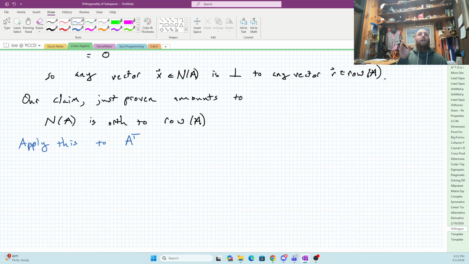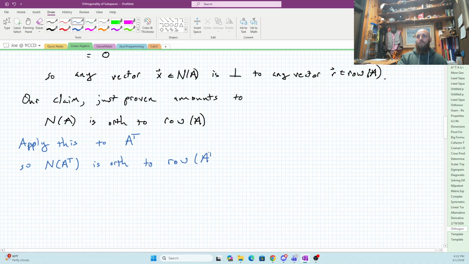So now that applies to A transpose because A transpose is a matrix. And what that means is the null space of A transpose is orthogonal to the row space of A transpose. But the row space of A transpose is the column space of A. This thing, the null space of A transpose, is often called the left null space.